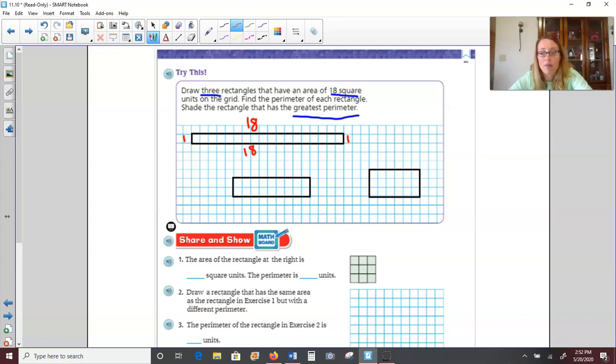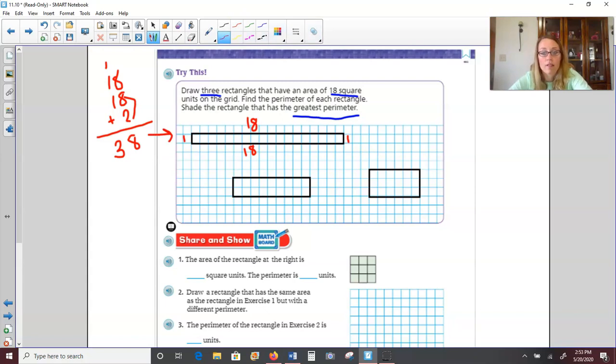So 18 plus 18, and then 1 plus 1 I know is 2. So let's just add that up for the perimeter, that first rectangle. 8 and 2 make 10, plus 8 more is 18. Regroup, 1, 2, 3. All right, so that first rectangle here has a perimeter of 38 units.